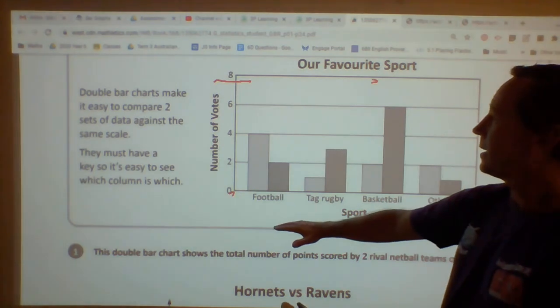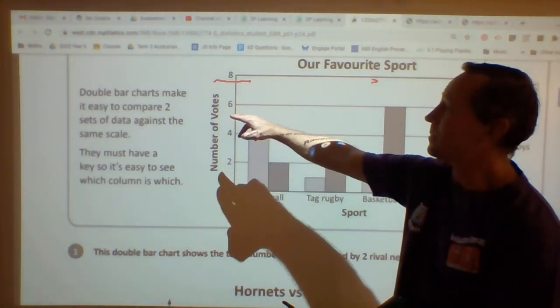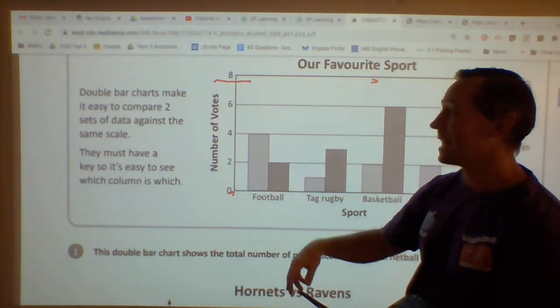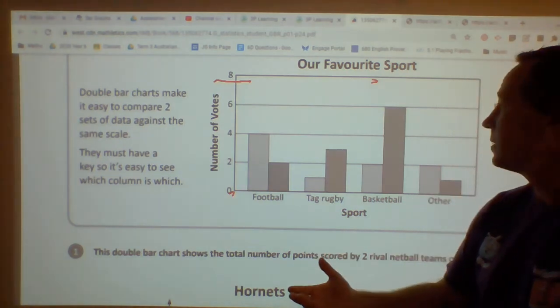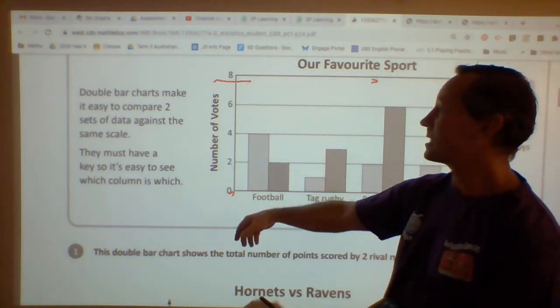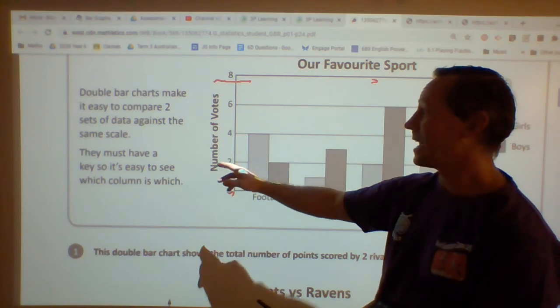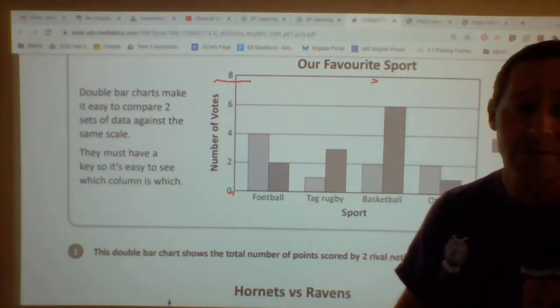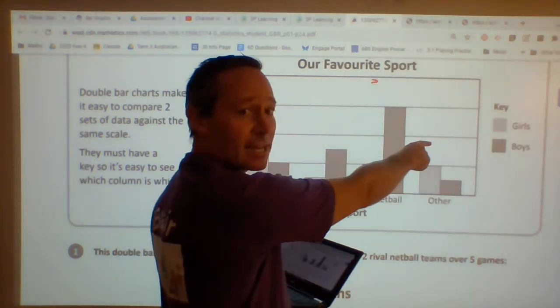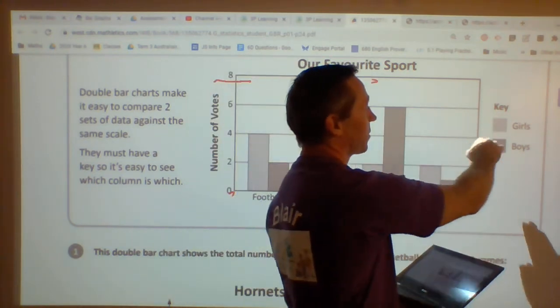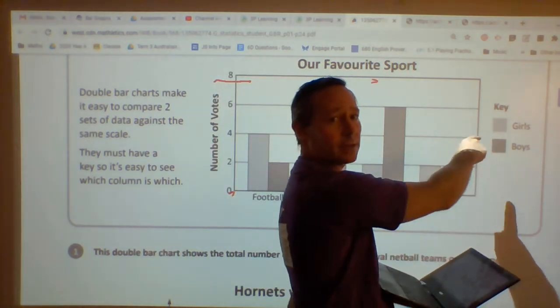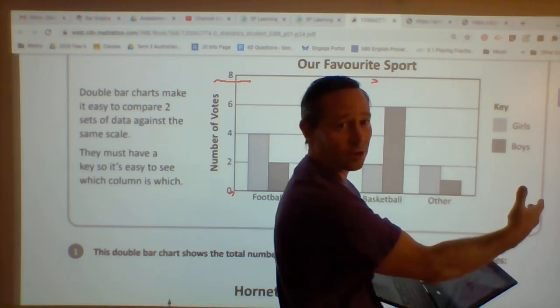Now, if I look at here, double bar charts make it easy to compare 2 sets of data, 2 bits of information against the same scale. They must have a key, so then we know what it's all about. So over here I can see a key, and the key, I've got girls, which is a light grey, and the boys, which is more of a darker grey.